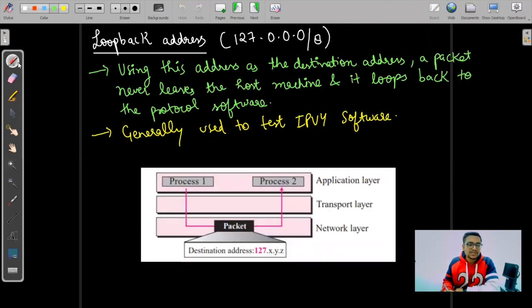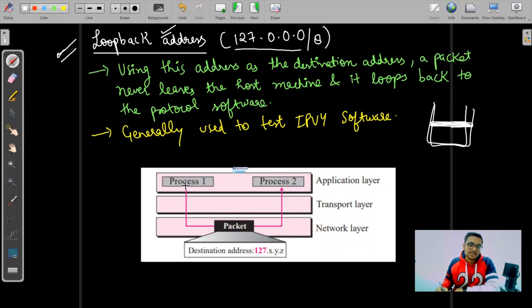Moving on, there is one specific block in class A, which is 127.0.0.0, and this address is used as a loopback address. Let's suppose there is an application being built and it wants to test its IPv4 software.